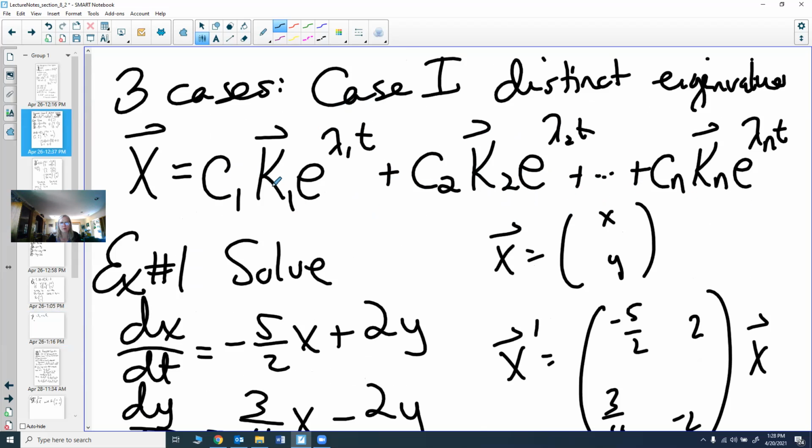We only have 2 of them, so we only need to worry about these 2. So if we're using the lambda 1 of -1, then we need to use the k1 that belongs with it. If we use the lambda 2 of -7/2, then we need to use that k2 that goes with it.